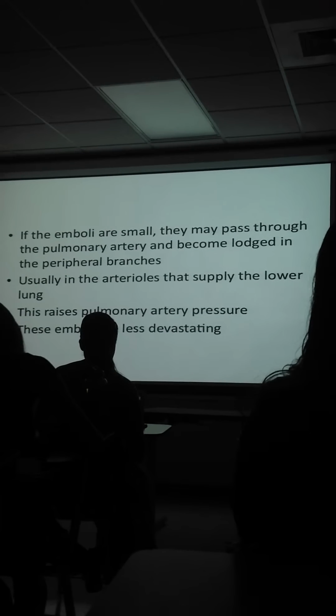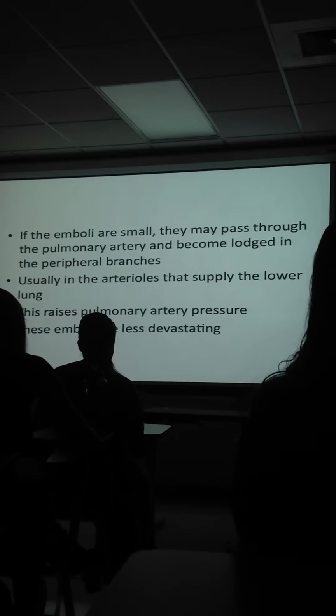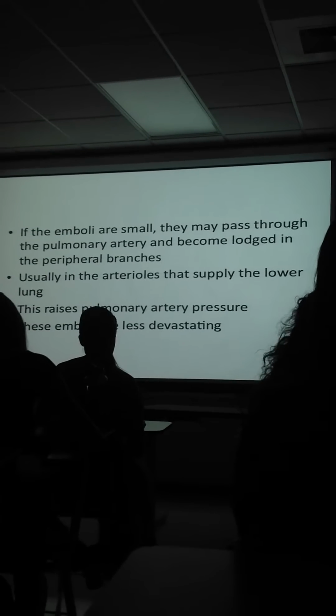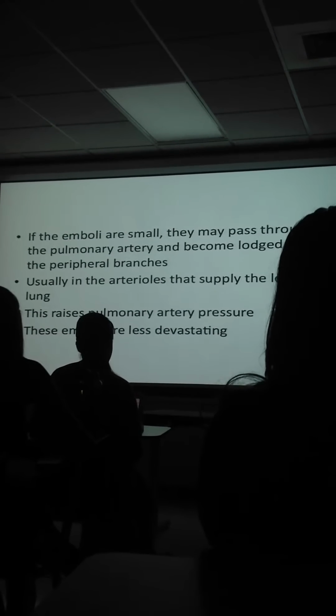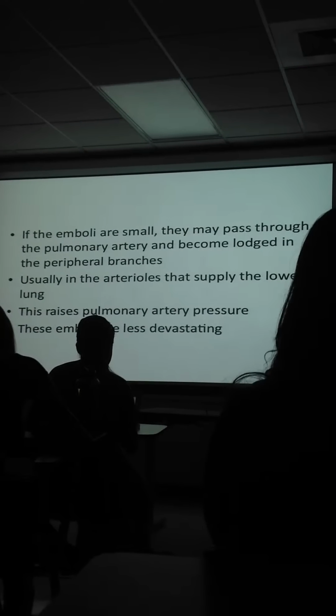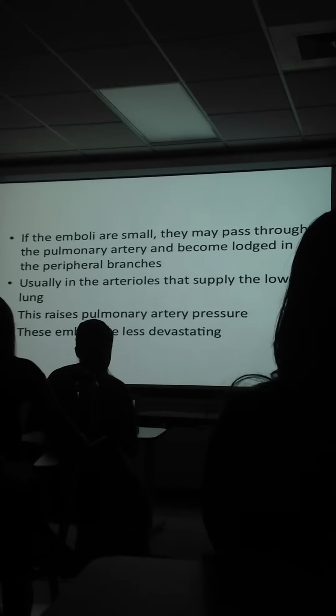Location has a lot to do with how devastating the results may be. Again, if the blockage is further up, like in the pulmonary artery, that's going to be what? Pretty severe. If it's deeper into the lung, it's going to have some problems, but it won't be as severe. We talked about why.